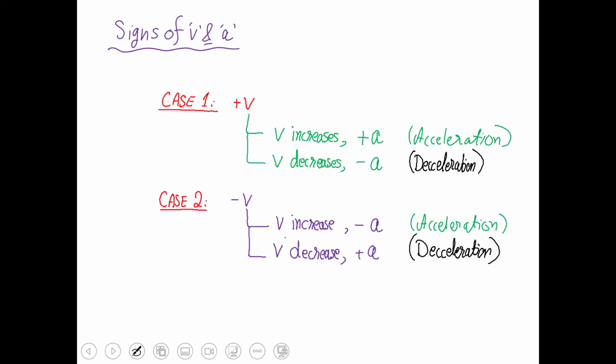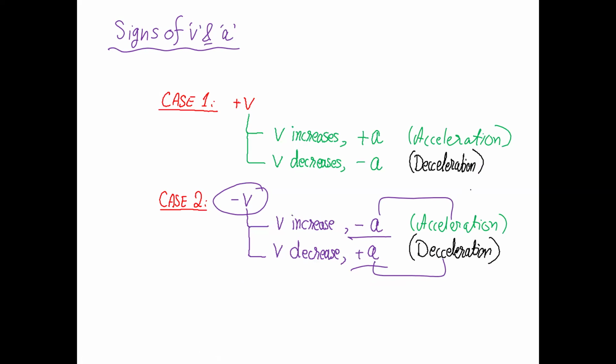Now, these are two important cases. When velocity is 0, acceleration takes the usual sign. But when velocity is negative, acceleration changes its sense. Negative a means acceleration and positive a means deceleration.